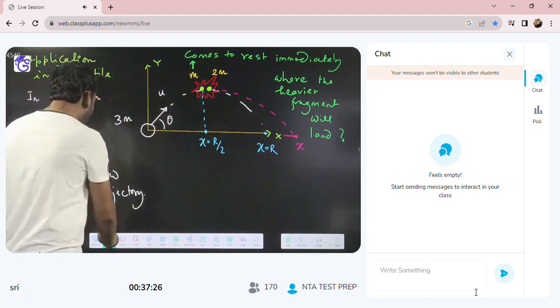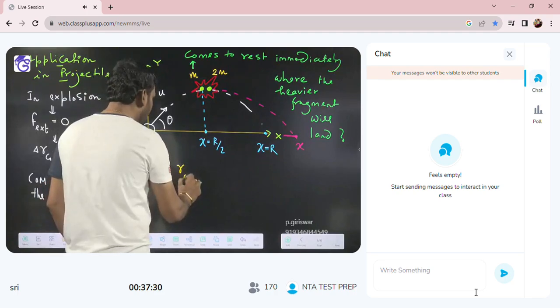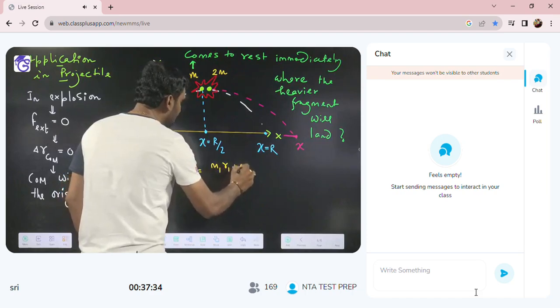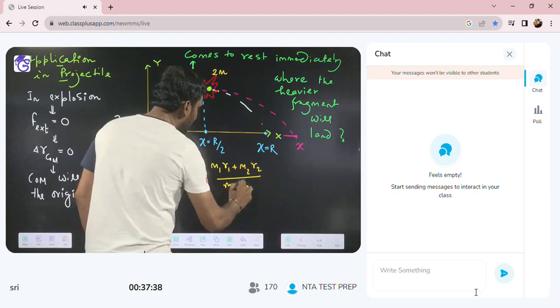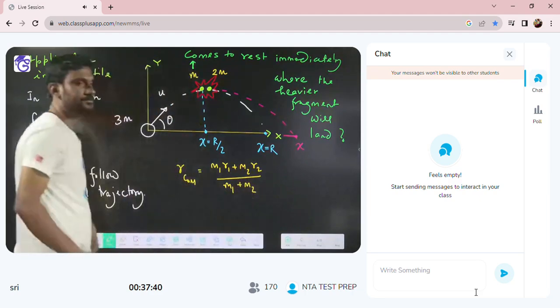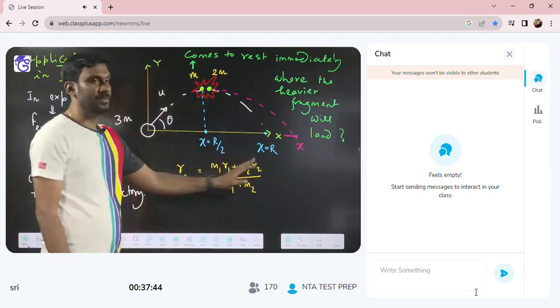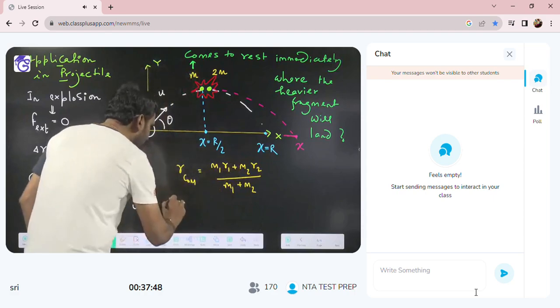How? Very simple equation. We know R center of mass is equal to m1 r1 plus m2 r2 divided by m1 plus m2. Very simple equation. What is R center of mass, boys and girls?